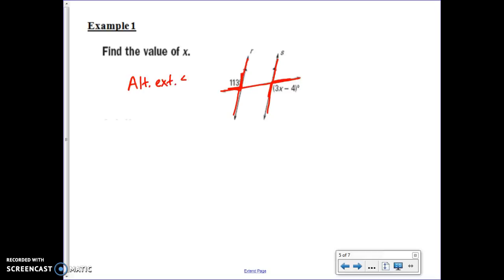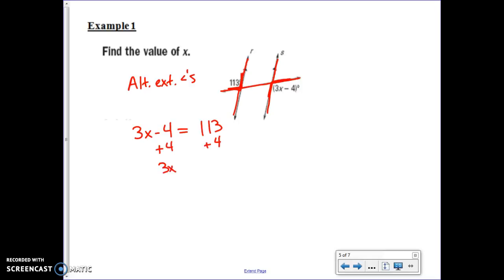exterior angles. And I know from our alternate exterior angles theorem then that those two angles are going to have the same measure. They're congruent to each other. So I have 3x minus 4 and 113 should be equal. So then we can just do the algebra. So we add 4 to both sides.